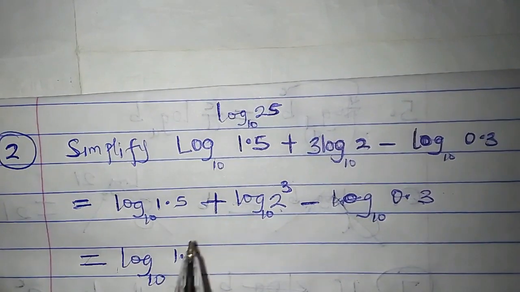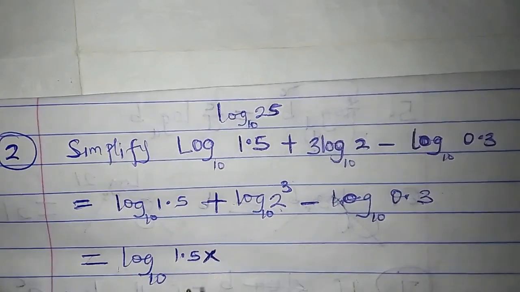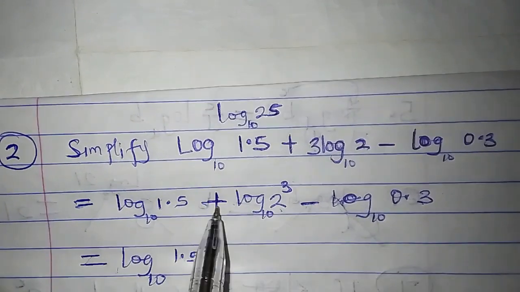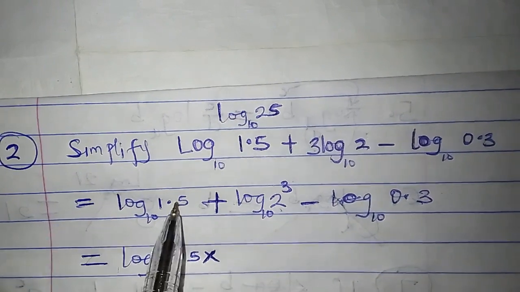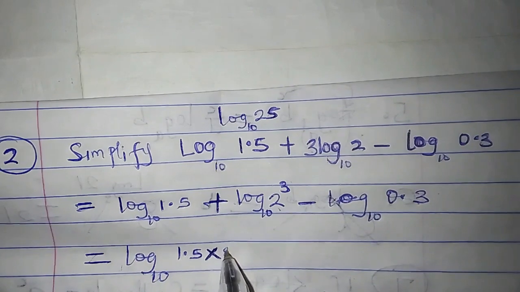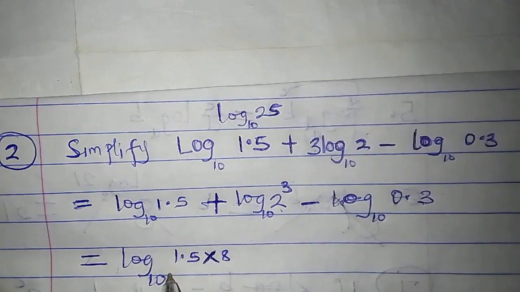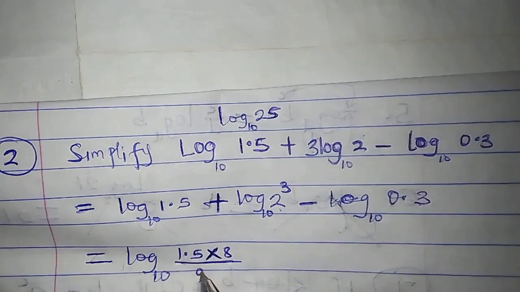The law of logarithm that permits us to multiply is the one in which there is addition in between. So for these two logs that have a plus, I will multiply their numbers. 1.5 times 2 to the power of 3, which is 8. Then because there is a subtraction sign here, I will divide by 0.3.